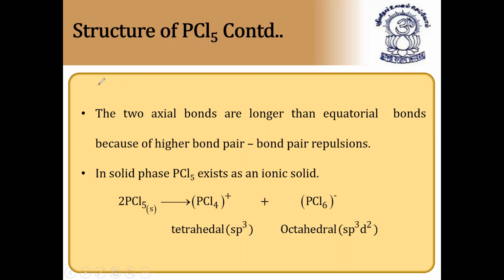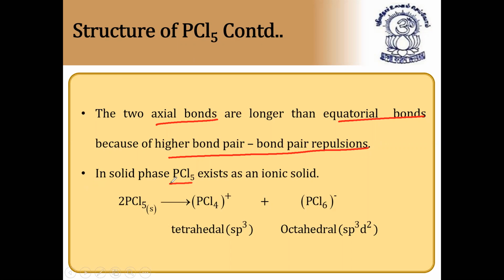The bond angles of PCl5 are respectively 90 degrees, 120 degrees, and 180 degrees, correct. And fourth statement, the two axial bonds are longer than the equatorial bonds because of higher bond pair repulsions. So they'll ask statement based questions like this in the examination. All the statements regarding the structure of PCl5 are very important. Any three statements they'll ask in the examination.